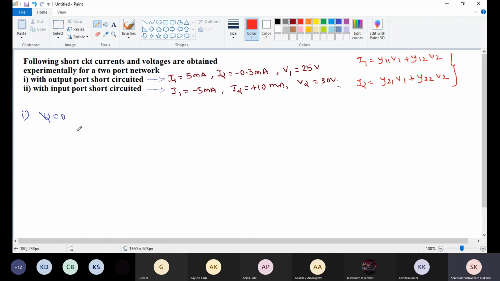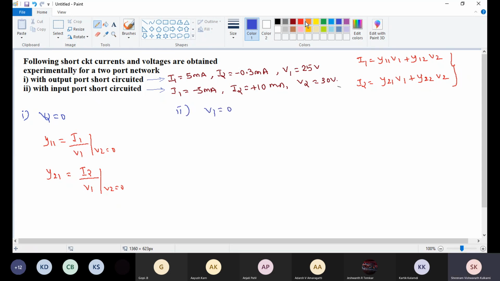Now V2 is 0 in the first equation, then Y11 is equal to I1 by V1. In the second equation, V2 equals 0, so Y21 is equal to I2 by V1. Now for the second case, V1 equals 0.